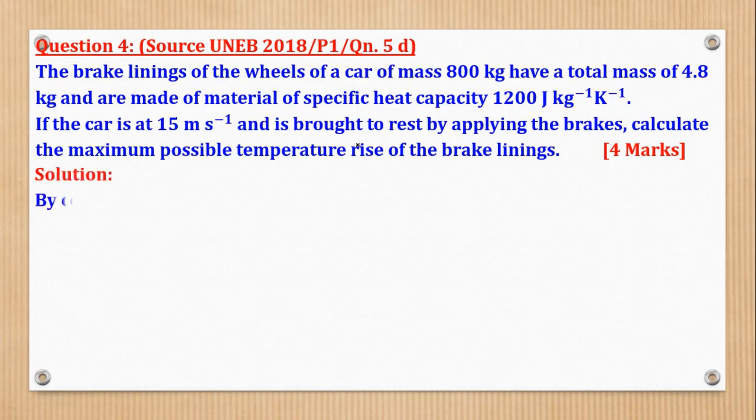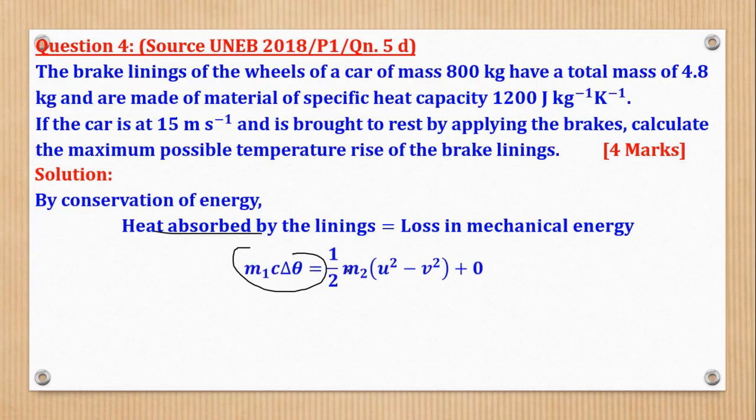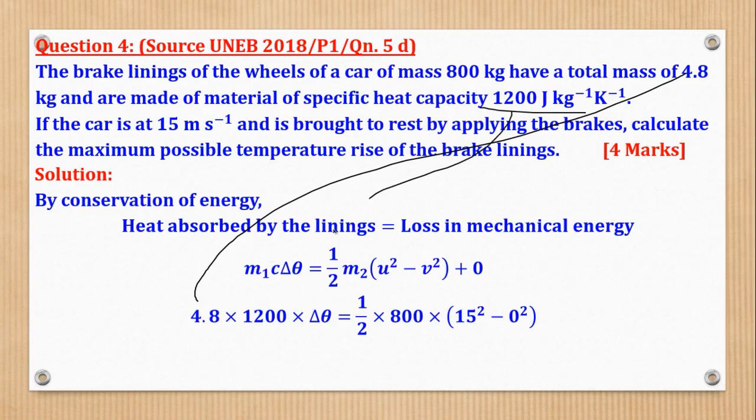So here, like we said, by conservation of energy, heat absorbed by the linings is equal to loss in mechanical energy. Then we shall quote the formula: heat absorbed by the linings is mc change in temperature, and loss in mechanical energy is equal to loss in kinetic energy plus loss in potential energy. Then we shall substitute the mass, which was given here.